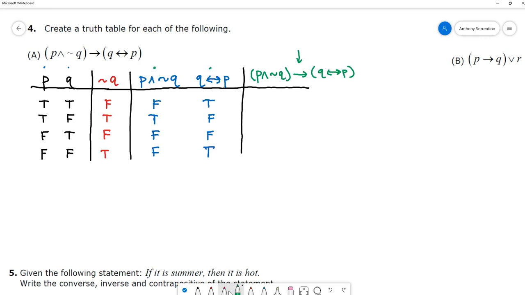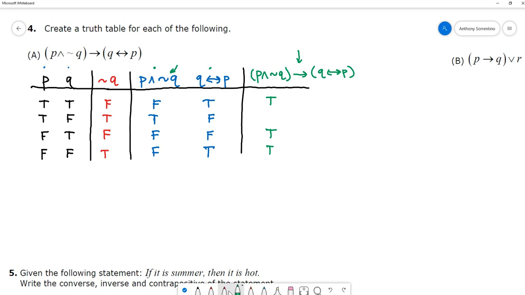And for this statement to be true, if the first one is true, then the second one has to be true. Or if the first one's false, it's automatically true. So in this one and this one, since this statement here is false, it's automatically a true statement.